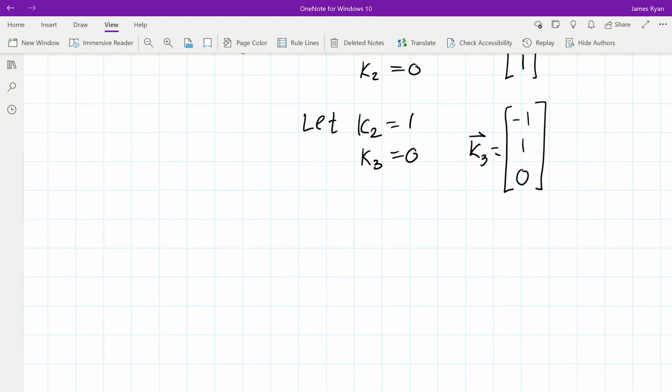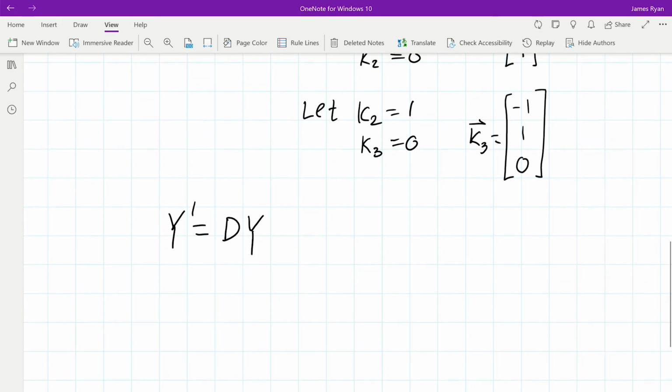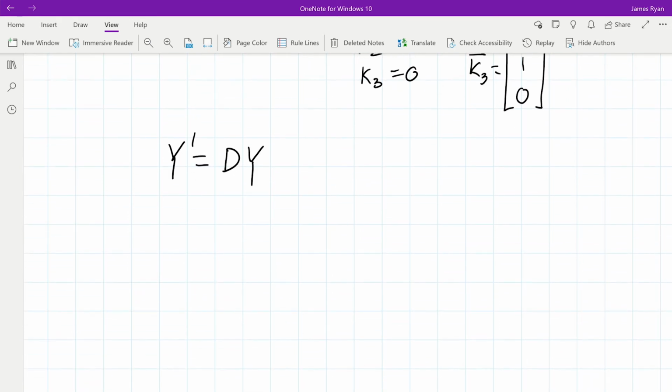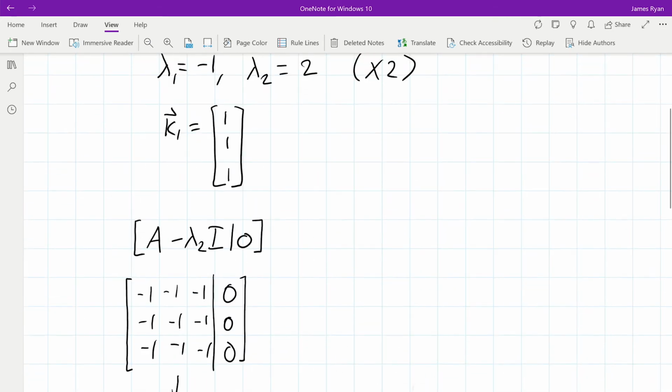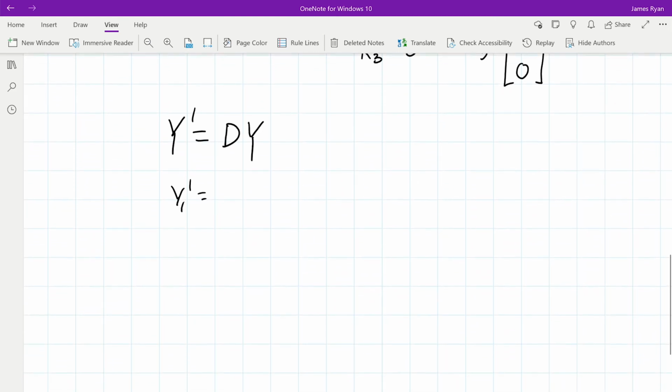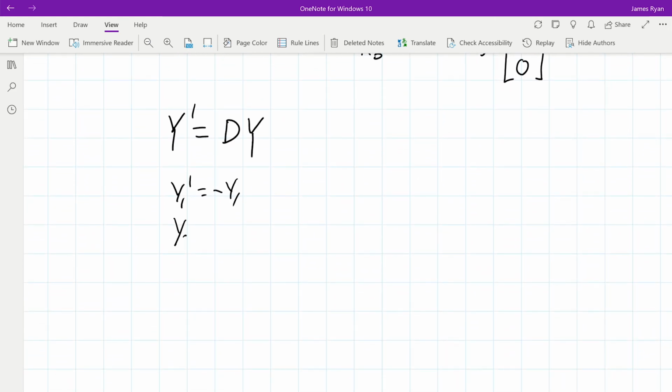So we know that we will have y prime is D y, and in this case, that will give us the 3 uncoupled differential equations. y1 prime is, let's see, lambda 1 was -1, so negative y1, y2 prime will be 2y2, and y3 prime will be 2y3.